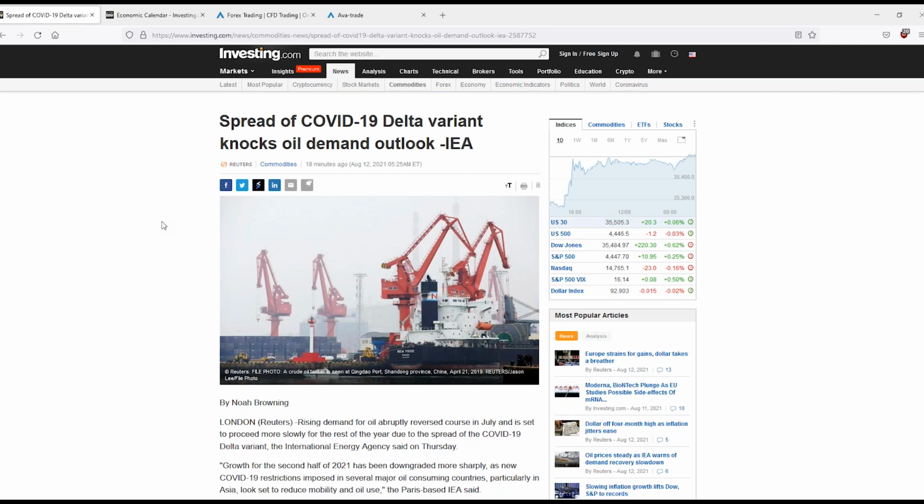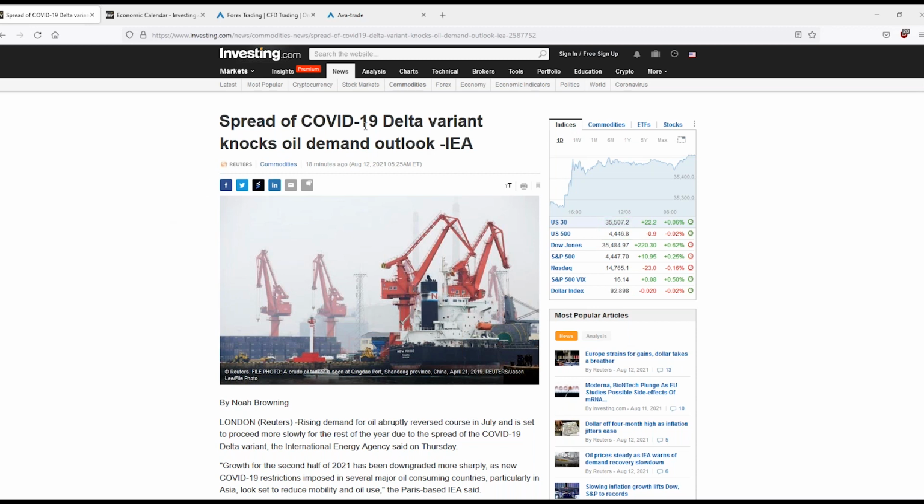That created some fear in the markets, caused the USD to strengthen the past couple weeks, and some of the stocks and indices to pull back, and gold to drop off as the US dollar strengthened. And oil pulled down, as there were fears of economies shutting down or slowing down, meaning less demand for energy.